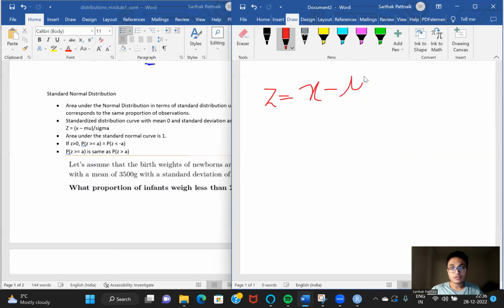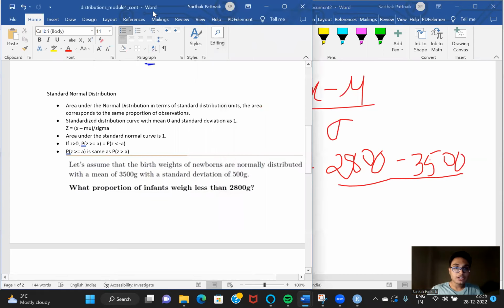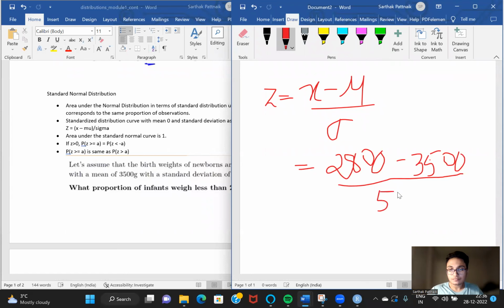So we have 2800, upon the standard deviation of 500. 2800 minus 3500 gives you minus 700, and you divide that by 500, you will get minus 1.4.